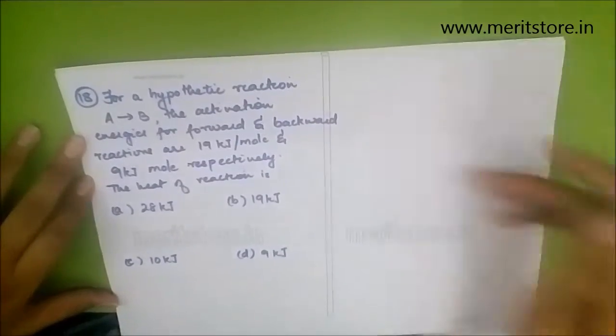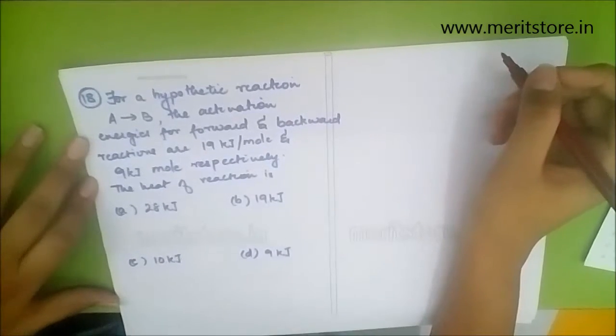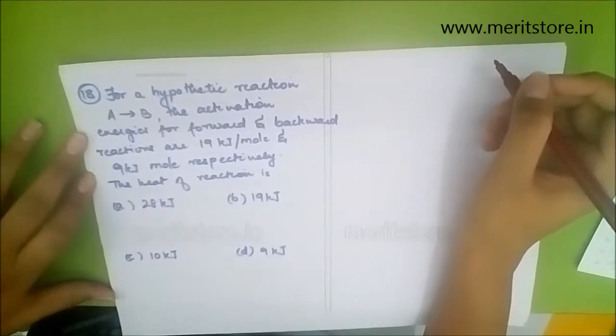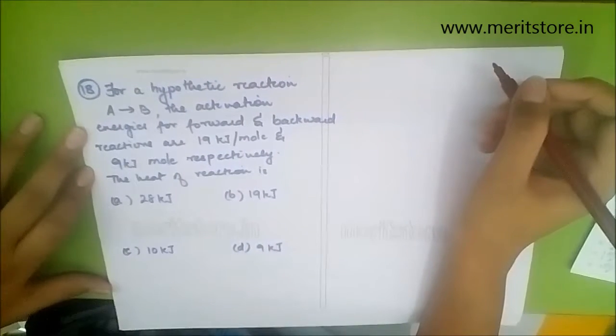For a hypothetical reaction A to B, the activation energies for forward and backward reactions are 19 kilojoule per mole and 9 kilojoule per mole respectively.